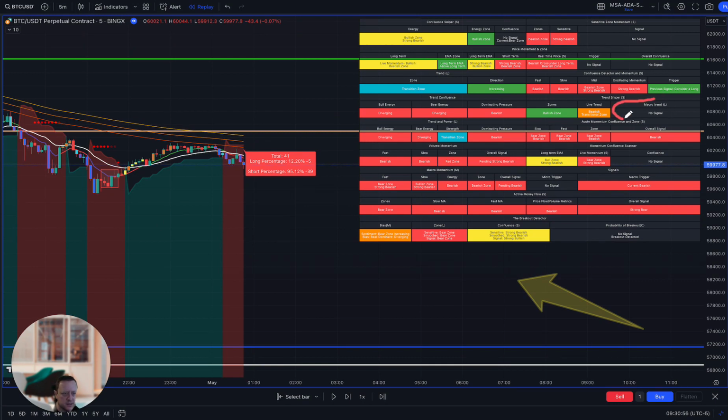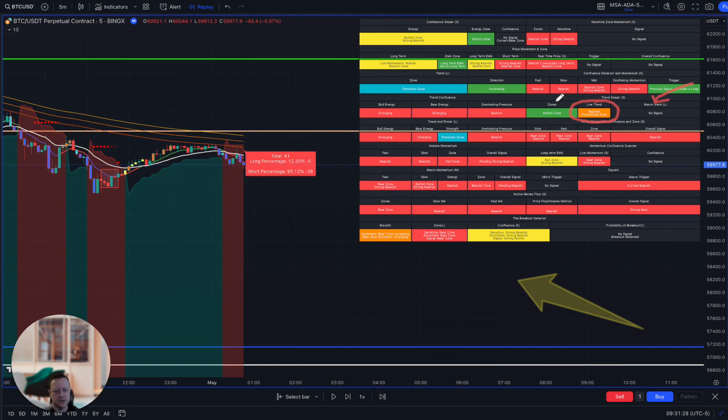So when this macro trend signal starts to say pending, right, not previous candle, but specifically pending bearish, then that's usually where the move becomes of a higher probability. Everything starts with this, right? So when we're in the transition zone to bearish, it generally is where we have a higher probability of going full bearish, right?